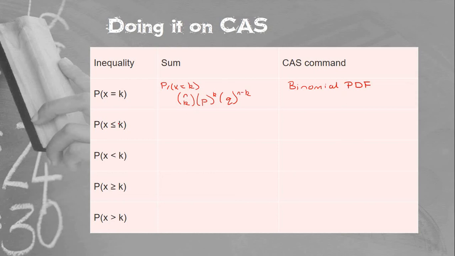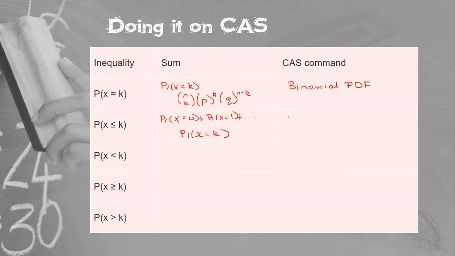If I'm wanting to know the probability x is less than or equal to k, that means I'm going to be working out a huge sum, probability x equals 0 plus probability x equals 1 plus it keeps continuing all the way up to probability x is equal to k. So if k was 5, I'd be doing probability x equals 0, 1, 2, 3, 4, 5.